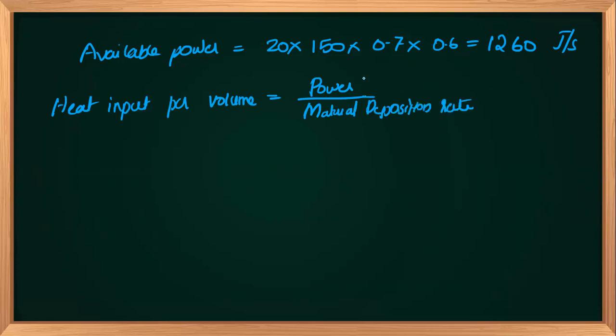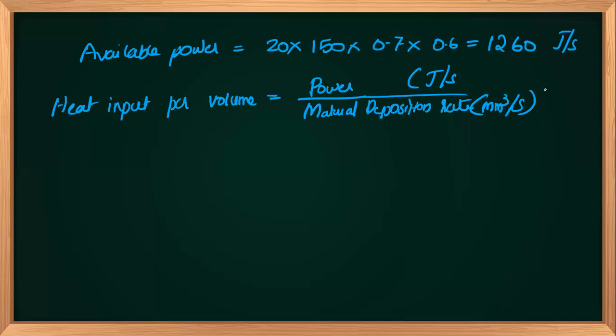I will write it. Power is in joules per second, and material deposition rate is in millimeter cube per second. The seconds cancel out, and you get your heat input per volume in joules per millimeter cube, right?